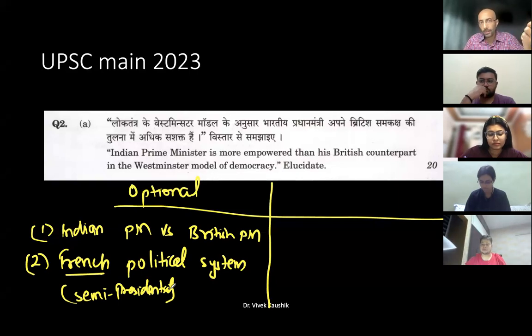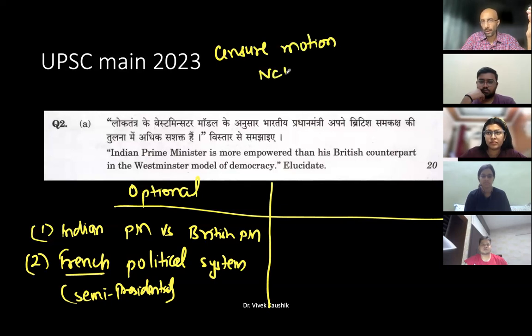However, theoretically, the prime minister need not have a majority in the lower house of the French parliament, which is the National Assembly, like our Lok Sabha. However, if the president appoints someone who does not have a majority in the lower house, the lower house can pass a censure motion, which is like India's equivalent of a no confidence motion, and the lower house can remove the prime minister.